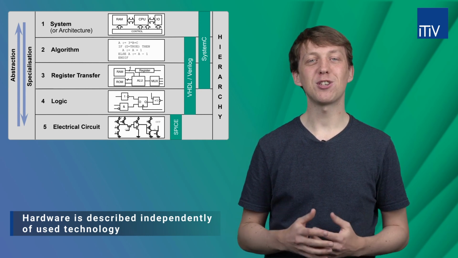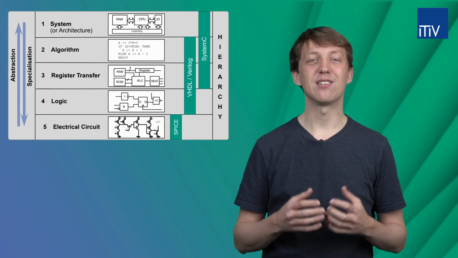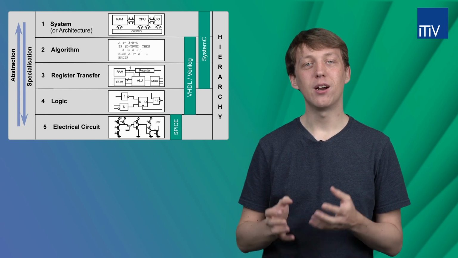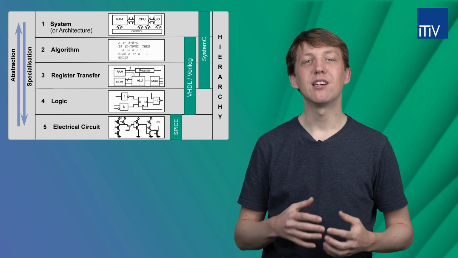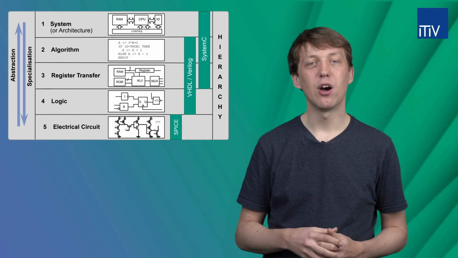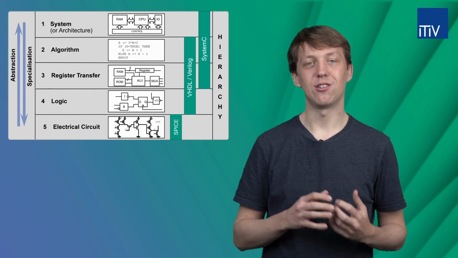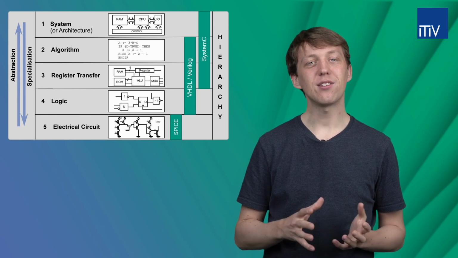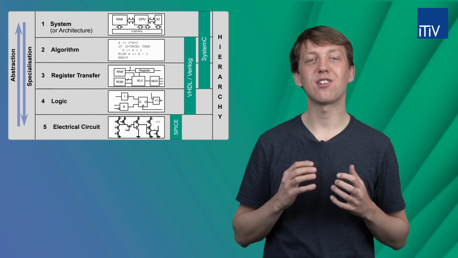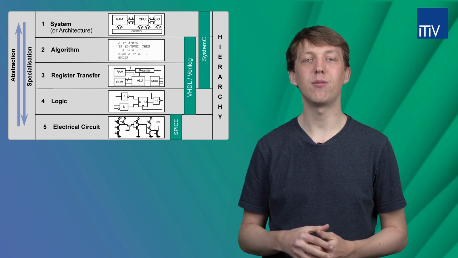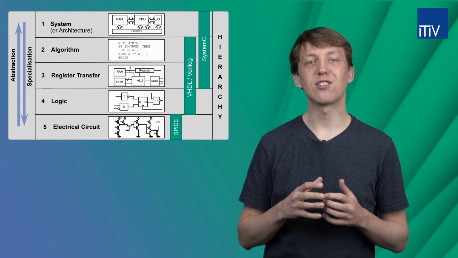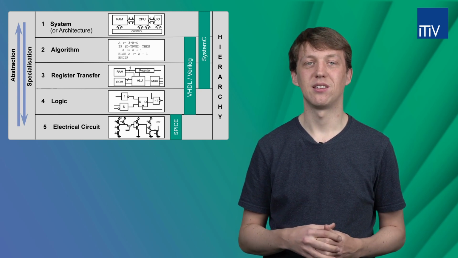Therefore, the description of a digital circuit is basically the same for reconfigurable hardware such as an FPGA or for an integrated circuit. This allows hardware developers to select the target hardware platform based only on system requirements.